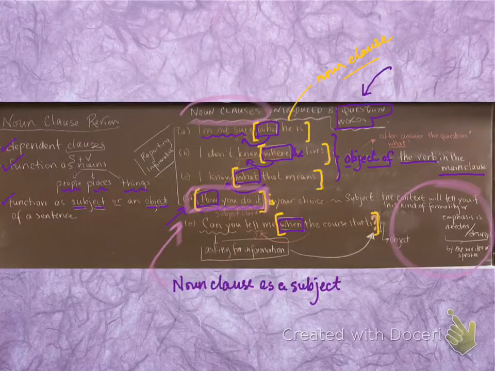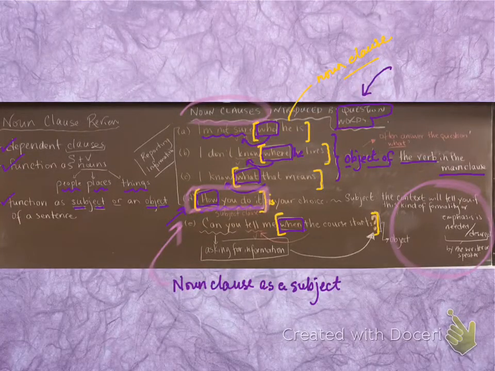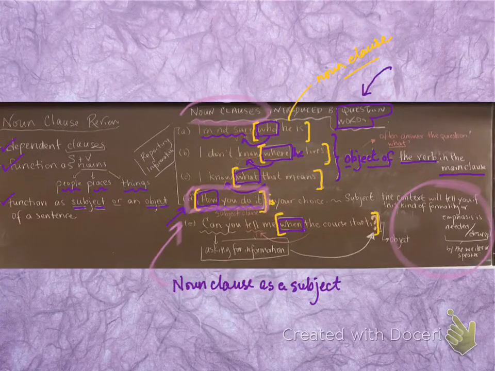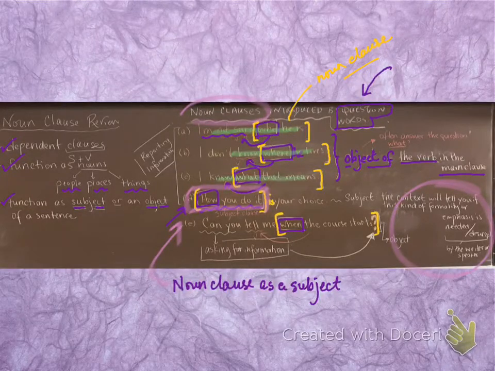Okay? The last one is, can you tell me when the course starts? Okay? All of the other sentences that we have here, they all have time or WH words in them. Okay? So, for example, I'm not sure who, I don't know where, I don't know what that means, how you do it.